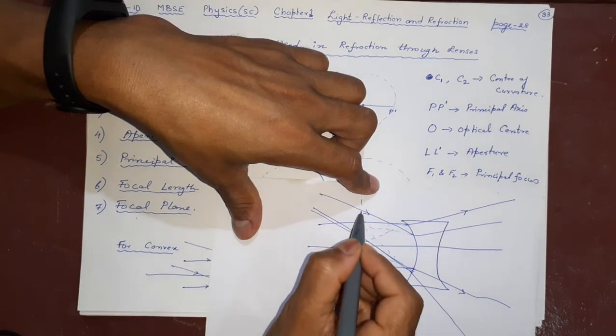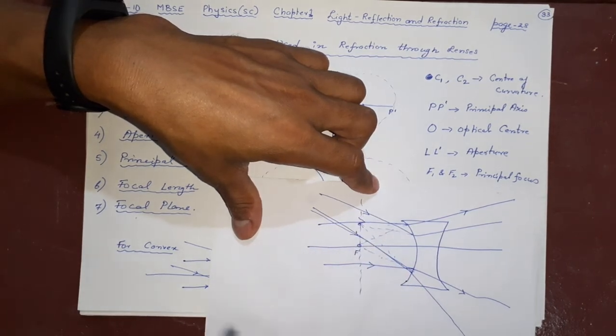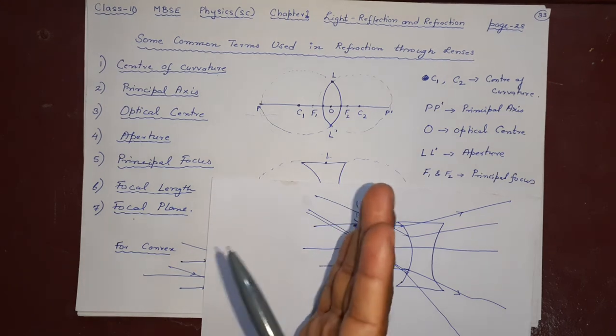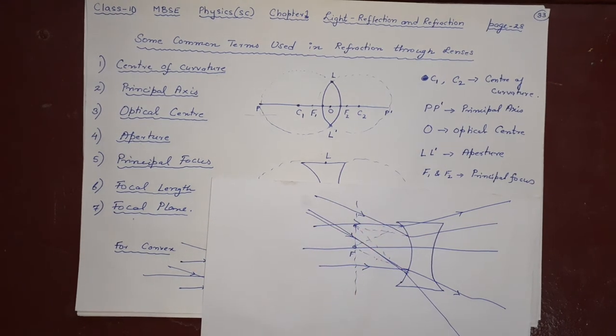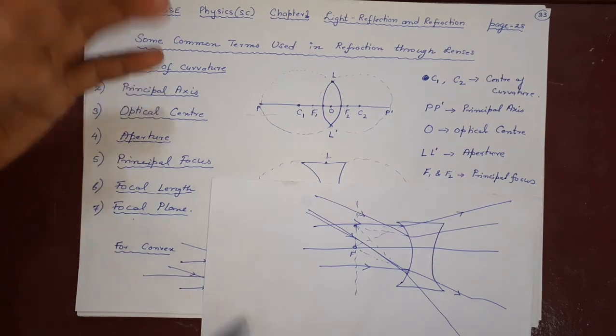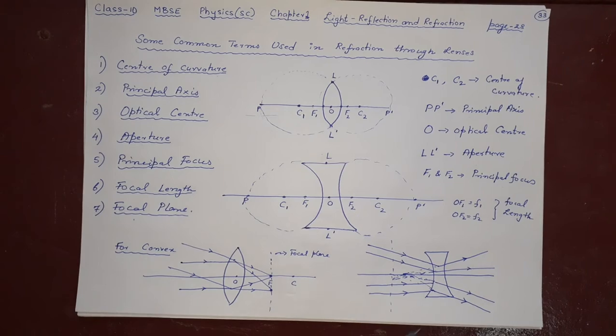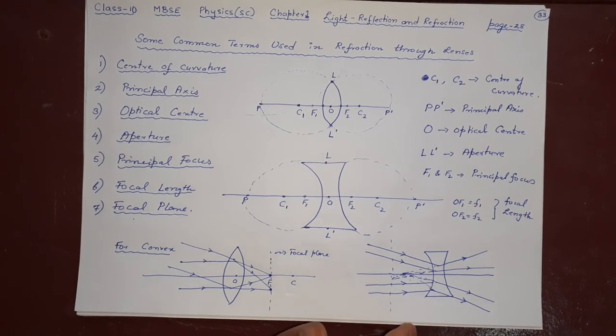But this will be your focal plane. This is your focal plane. Not very important in the understanding, only if you understand. Wherever the light is converged coming at one point, that is the focal plane. Okay, so this is all in simple way.